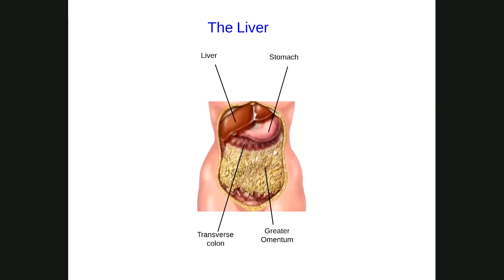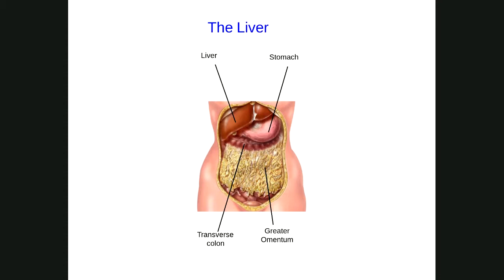So the liver, as you can see here in this figure, we remember from the gross anatomy of the abdomen, occupies the upper right part of the abdomen known as the right hypochondrium.